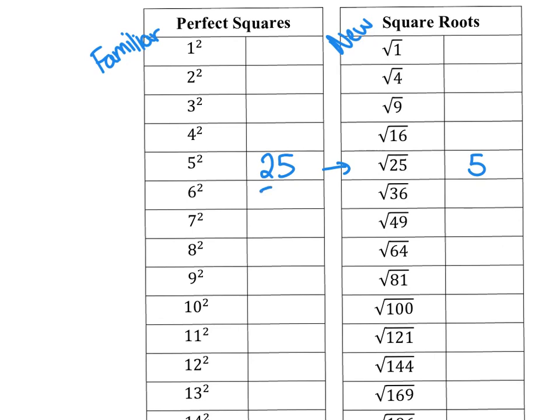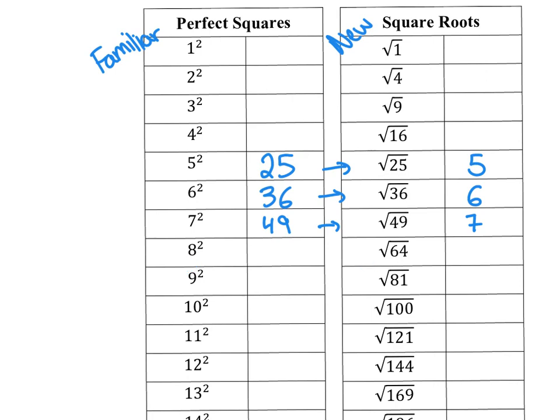We know that 6 squared is 36. Therefore, the square root of 36 is 6. We know that 7 squared is 49. Therefore, the square root of 49, which says what times itself equals 49, is 7. You can see how these are opposites when you look at the squaring numbers and the square root.